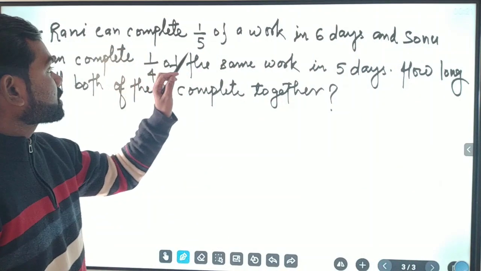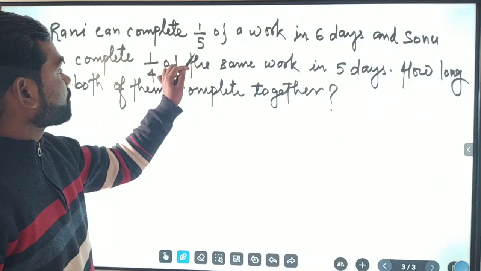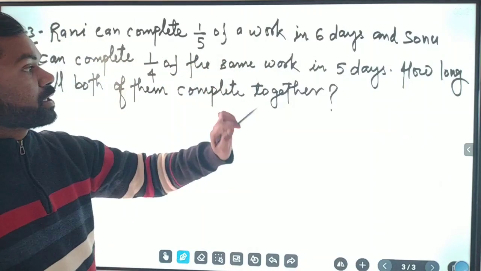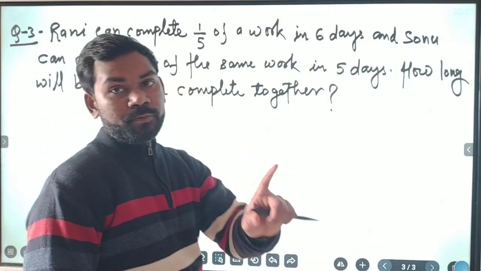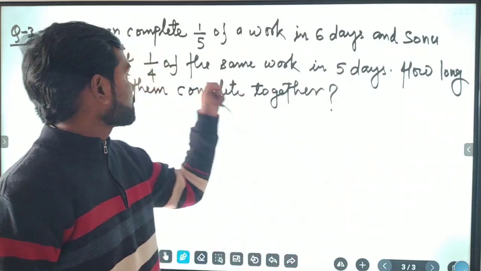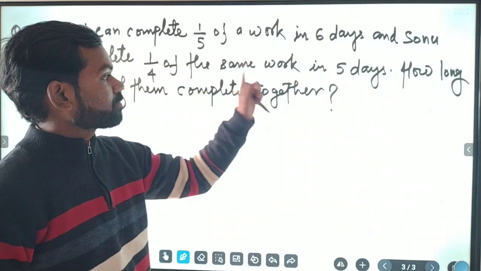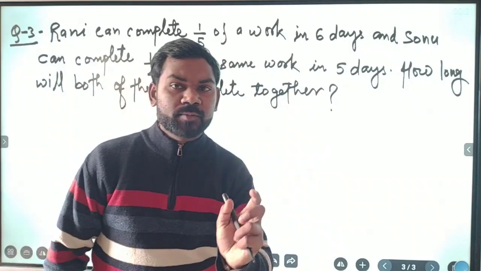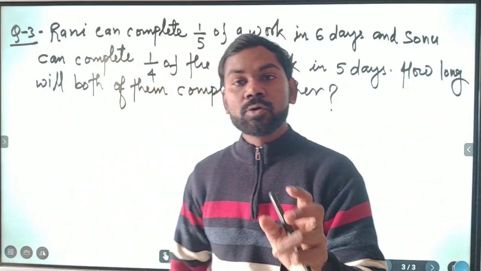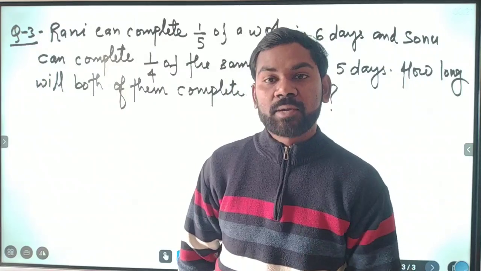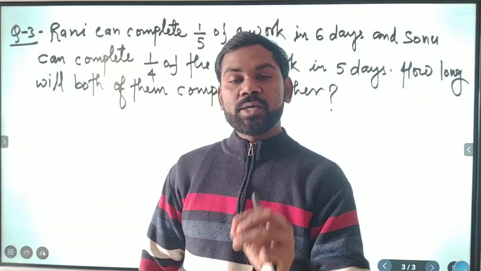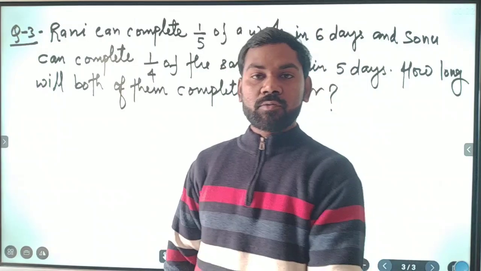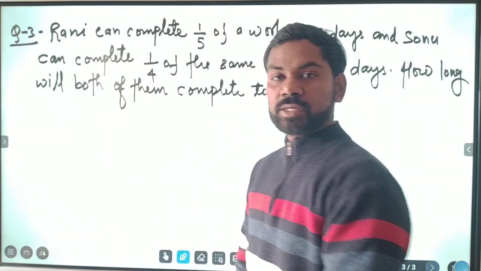The fraction of work, 1/5, is completed by Rani in 6 days, and the fraction of the same work, 1/4, is completed by Sonu in 5 days. If Rani and Sonu do the same job simultaneously, how many days are required to complete the job? I hope the question is clear.